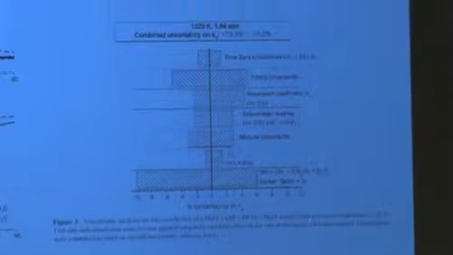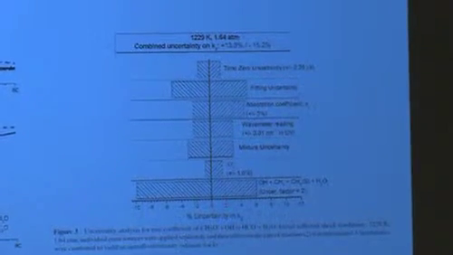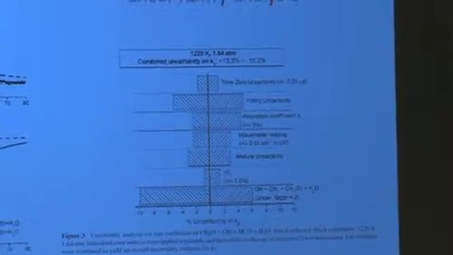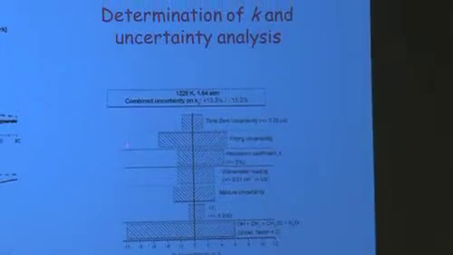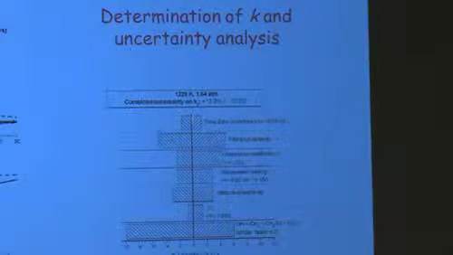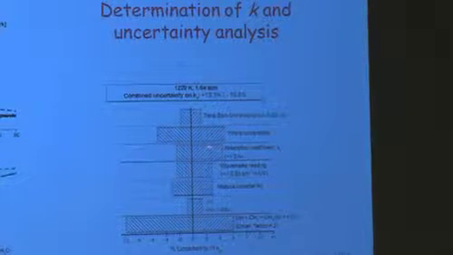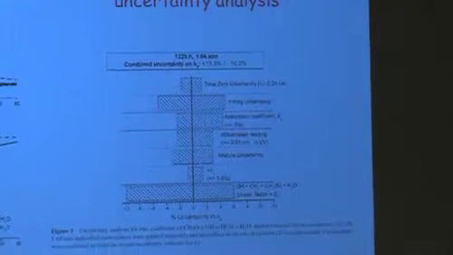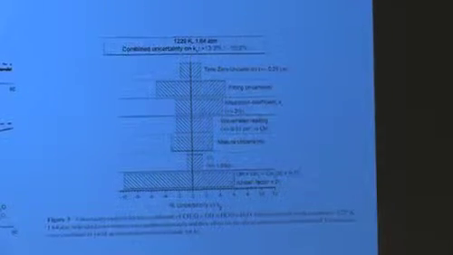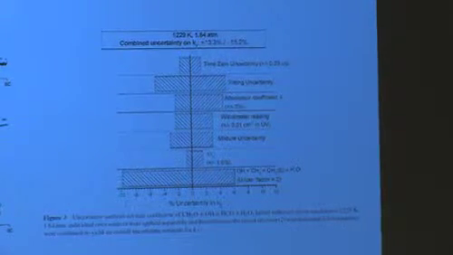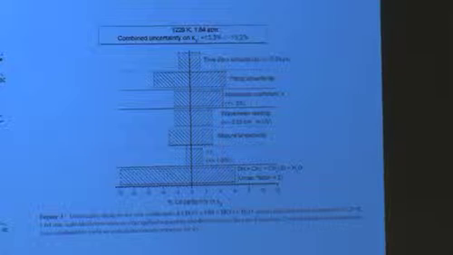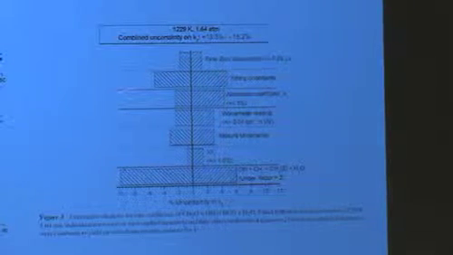And then this shows an analysis of the uncertainties in the rate coefficient, the contributions to the uncertainties in the rate coefficient. So there is an uncertainty in defining the time zero. And then there's an uncertainty in the fitting itself. So fitting the reaction mechanism with this variable parameter, the rate coefficient you're interested in, there's an uncertainty that comes from that fitting.